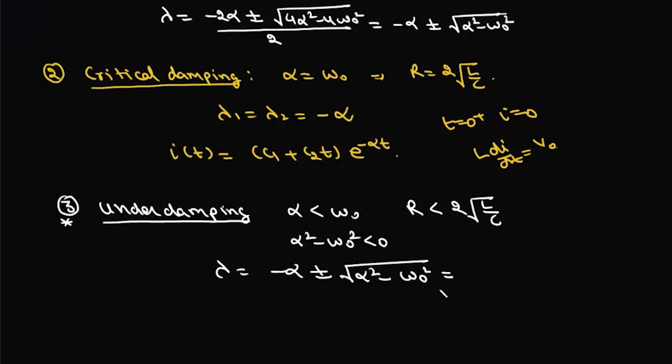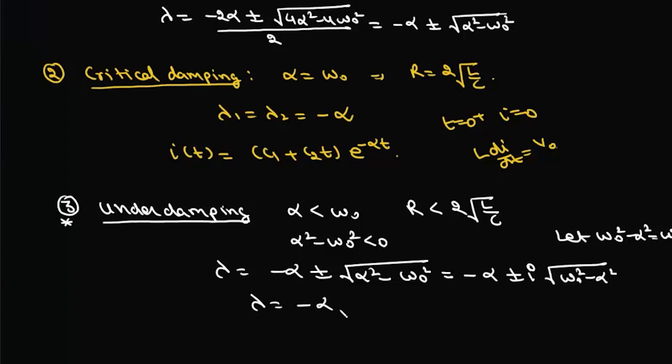Now since this quantity is negative, we can write this as minus alpha plus minus iota under root of omega naught square minus alpha square, and let omega naught square minus alpha square be some omega 1 square. So we can write this lambda as minus alpha plus minus iota omega 1.